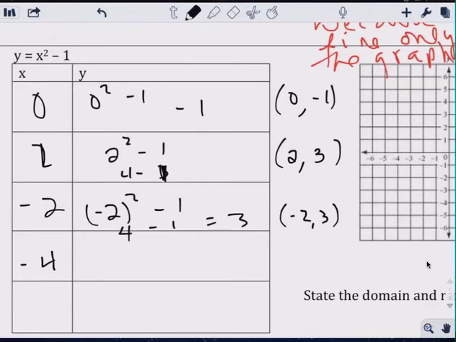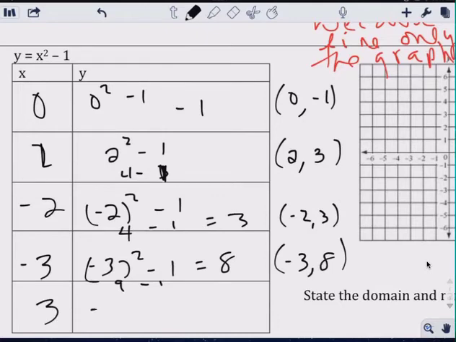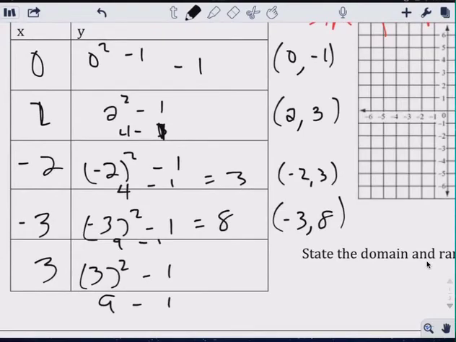Oh, that's too big. Let's say negative 3. Negative 3 squared is 9 minus 1, so 9 minus 1 is 8. So negative 3, 8. And 3 squared minus 1, 9 minus 1, is also 8. So 3, 8.